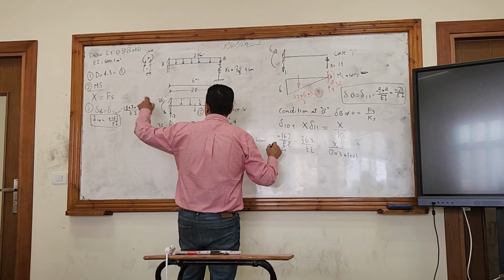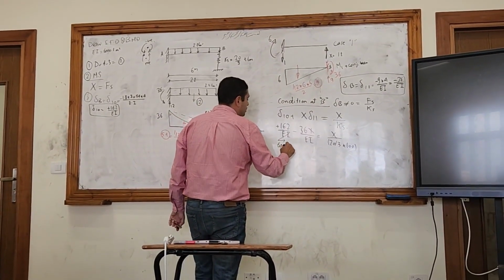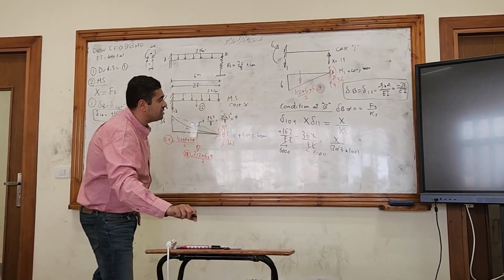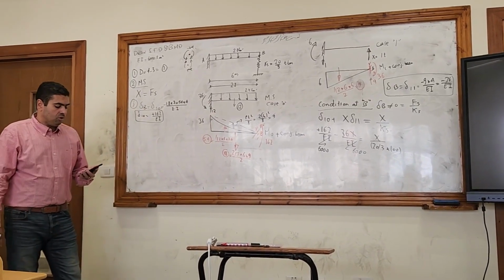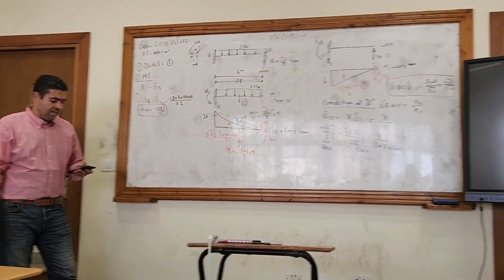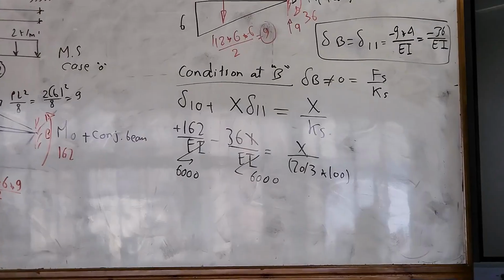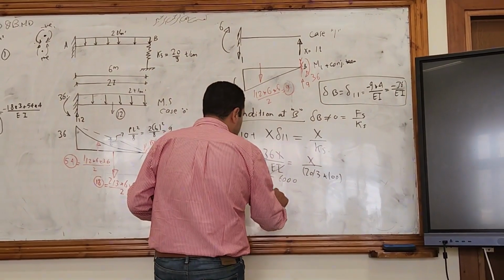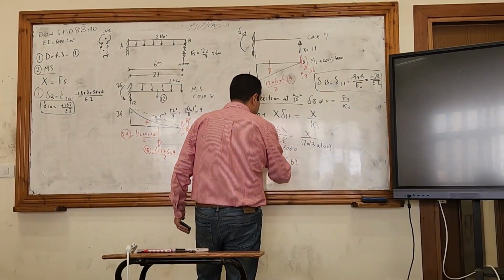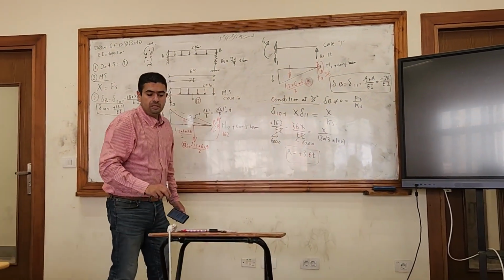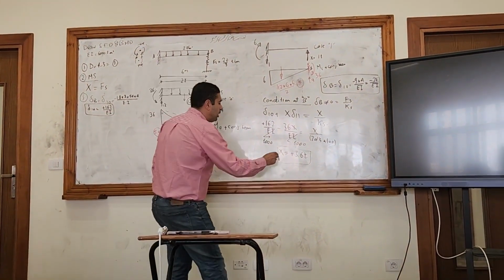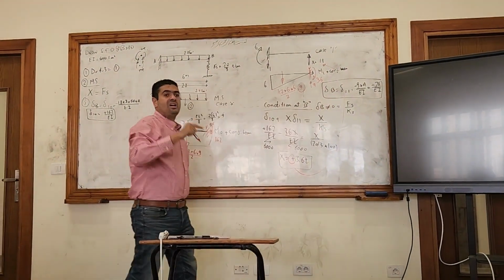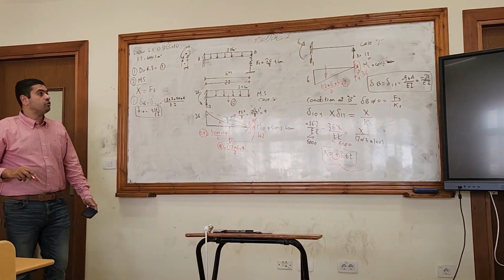Now the EI I have to put 6,000, and here is 6,000. From here it's an equation with only one redundant, which is x, and x will be equal to positive 3.6. What does the positive mean? The positive means that my assumption was right. I assumed that it's upwards, so my assumption is right.